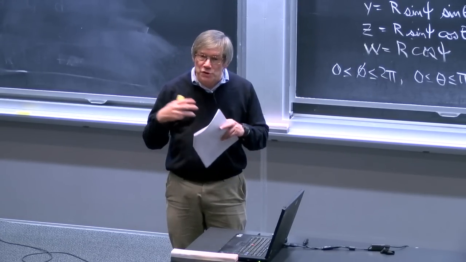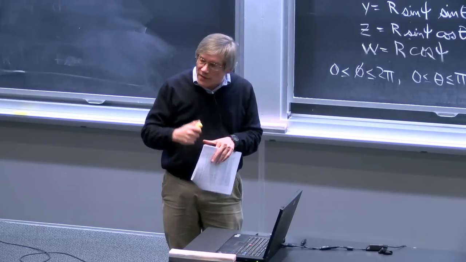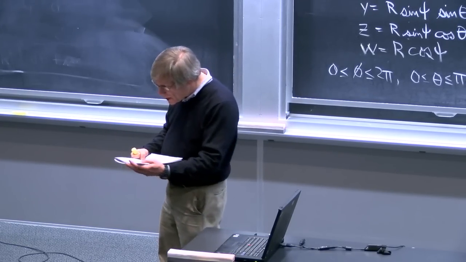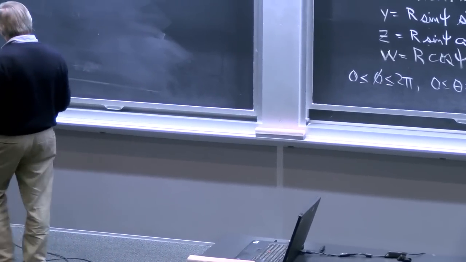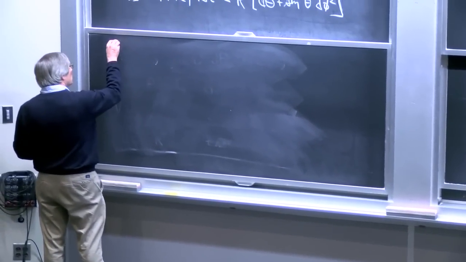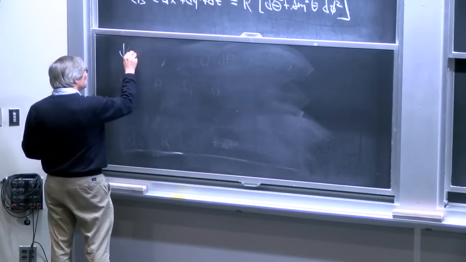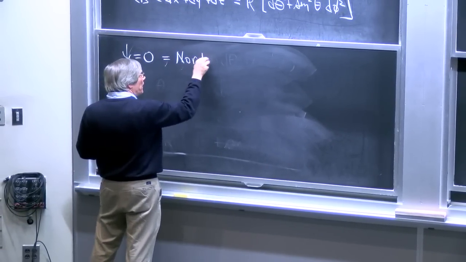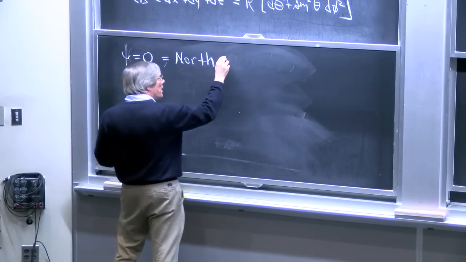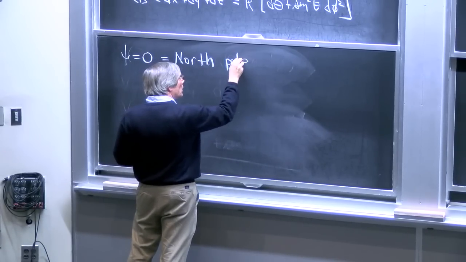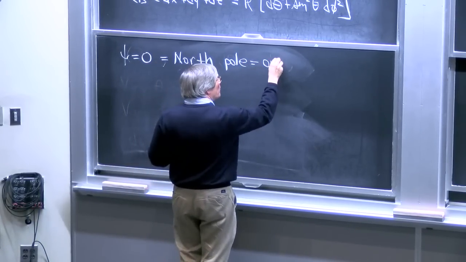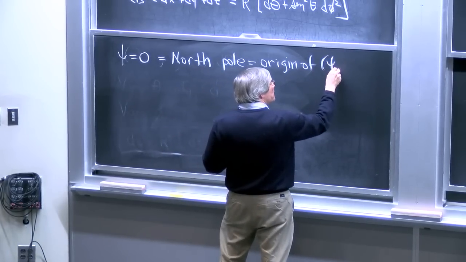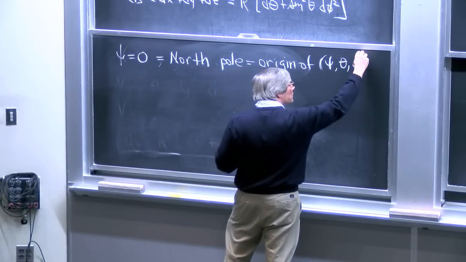So we can think of that as the origin of our new coordinate system, and we can think of the value of psi as measuring how far we are from that origin. So psi will become our radial coordinate. So thinking of it as a sphere, psi equals 0 we might think of as the north pole of the sphere. But we're also going to think of it as the origin of psi, theta, phi space.